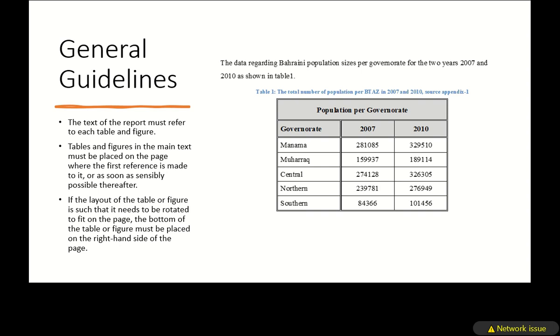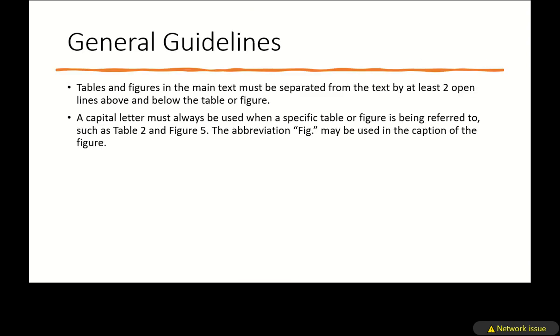I'm using a different color, so you know it's a caption. But if I'm not using a different color, maybe somebody will mix it up as a paragraph as well. So to avoid this, we put at least 2 lines of gap between the text and the figure, and there are different ways to do it. We will discuss it next week, inshallah.